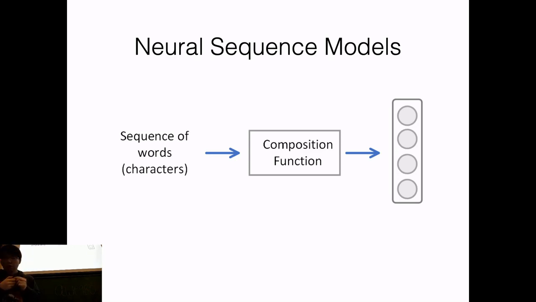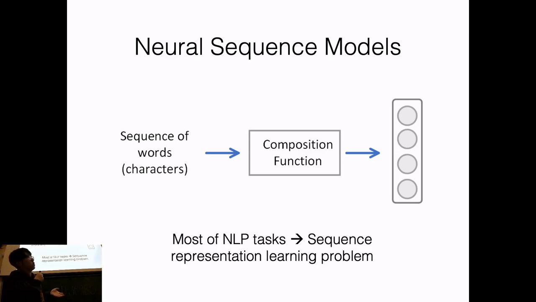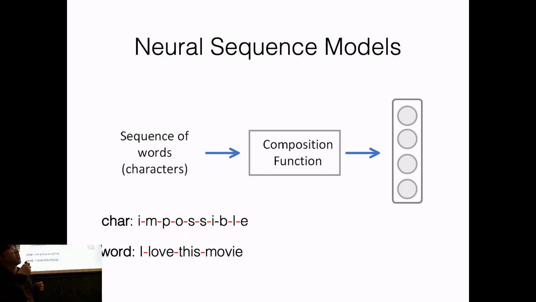Also, if you do some NLP research, you will find most NLP tasks could be reformulated as this question, the representation of a sequence. Here is a concrete example. The input could be a sequence of characters, or a sequence of words, like this movie.